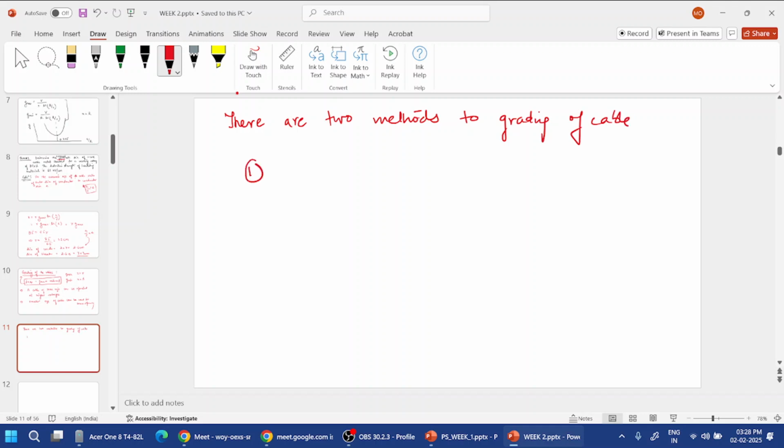First is the capacitance based method. Second is the intersheath based method.